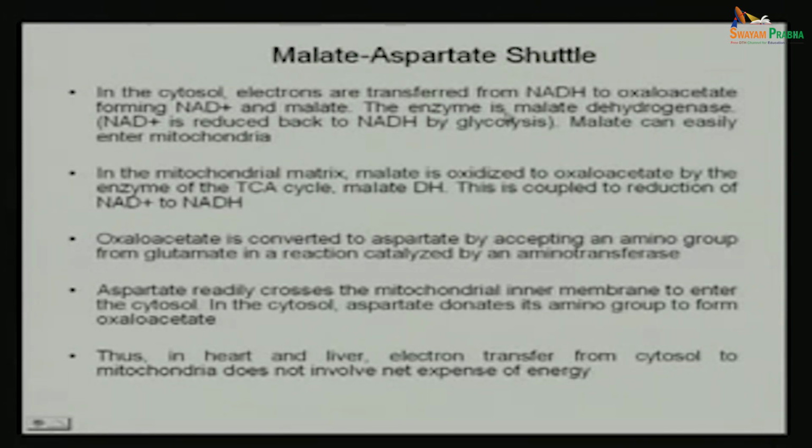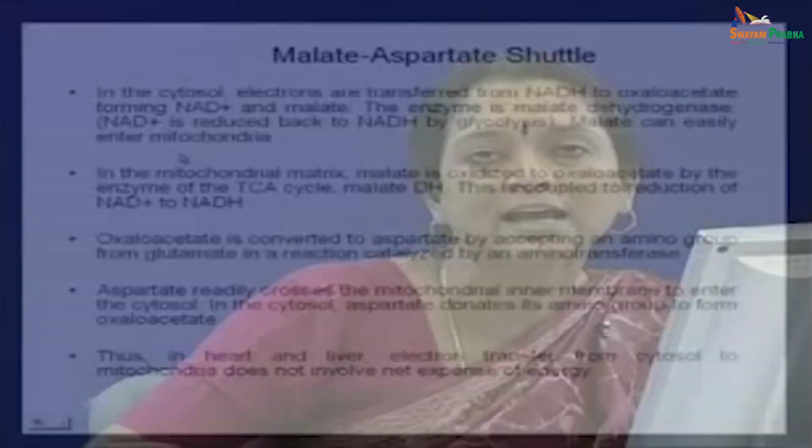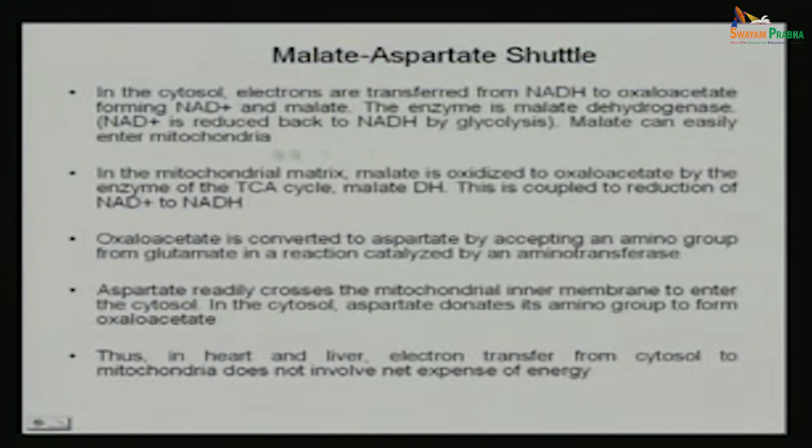The enzyme is malate dehydrogenase, which is one of the very important enzymes, as I have already discussed in the TCA cycle. Malate can easily enter mitochondria. In the mitochondrial matrix, the malate is oxidized to oxaloacetate by the TCA cycle enzyme malate dehydrogenase. This is coupled to the reduction of NAD+ to NADH.